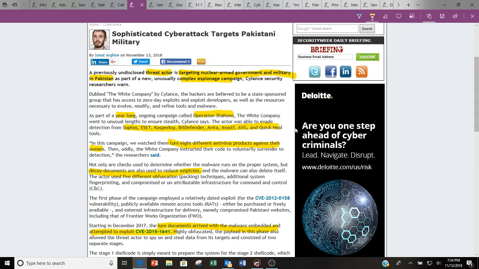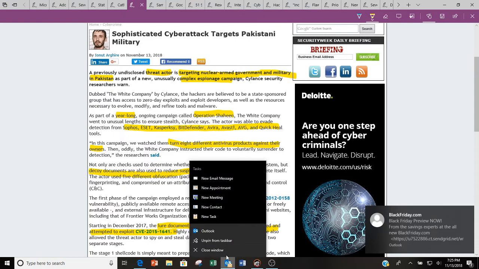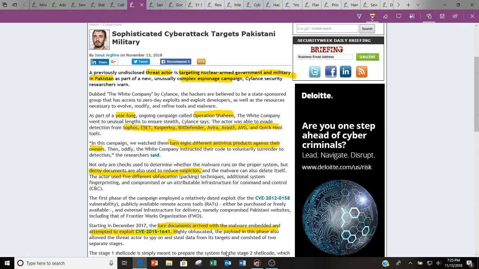I'm not familiar with Quick Heal. And it's able to turn those off and basically tell the anti-malware product to just ignore the malware that is found.